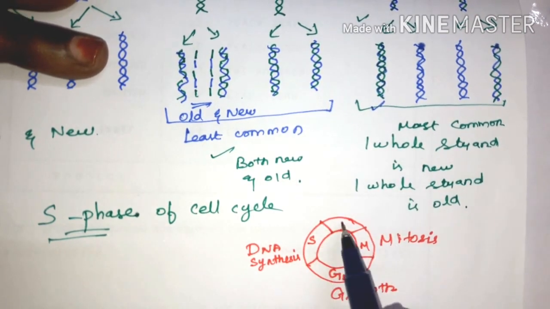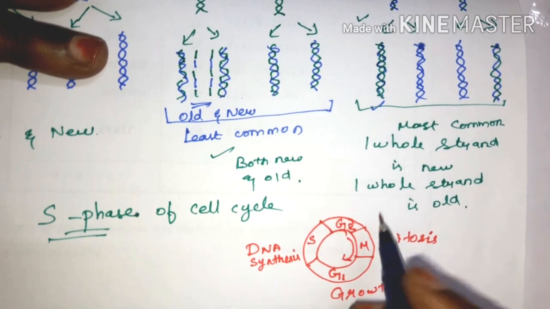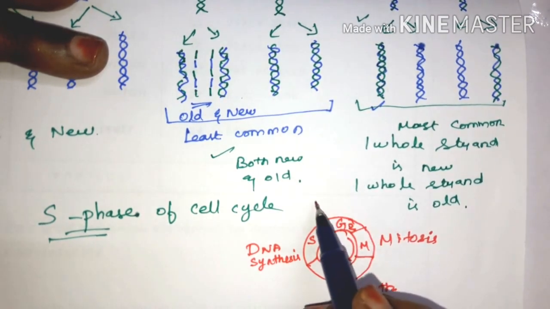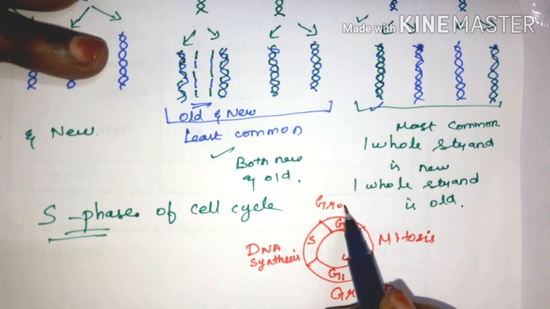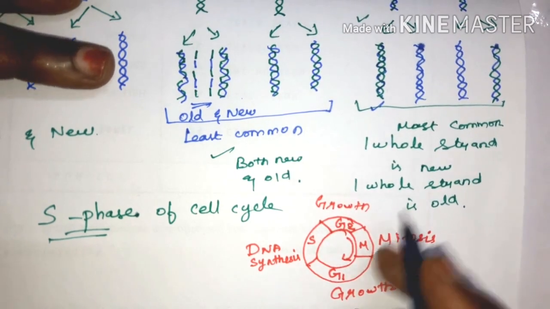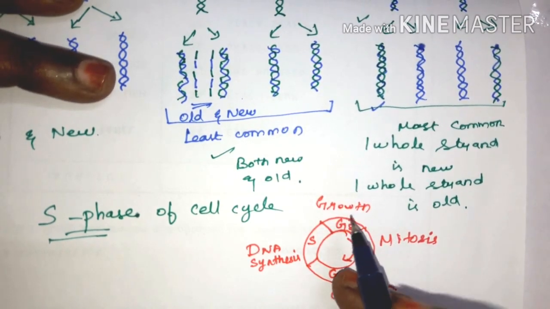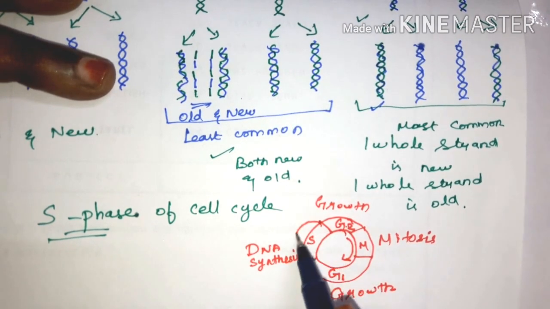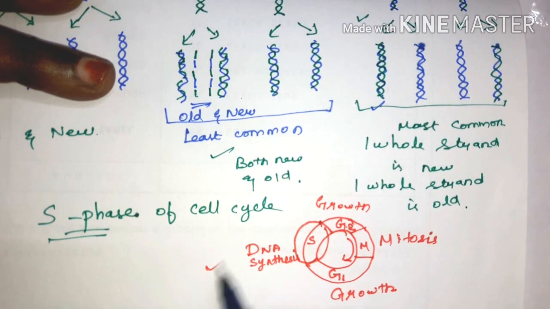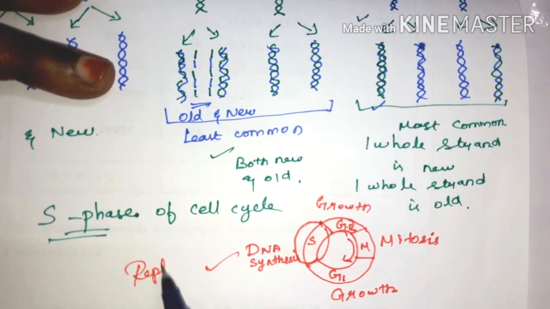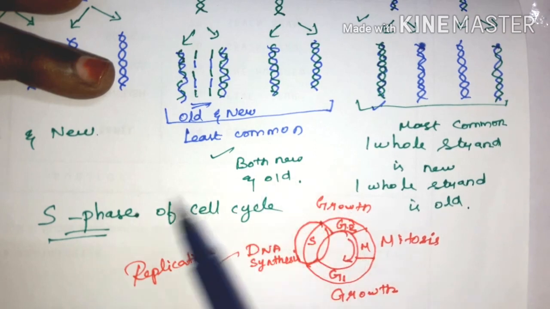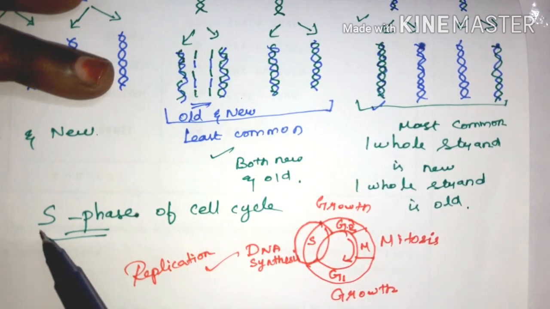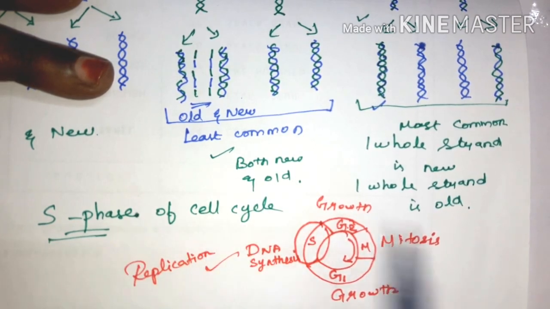Then again there is one more gap, called G2, which is also a growth phase, for the preparation of mitosis. So the S phase is where the replication takes place. That is why they say this replication process takes place in the S phase of the cell cycle.